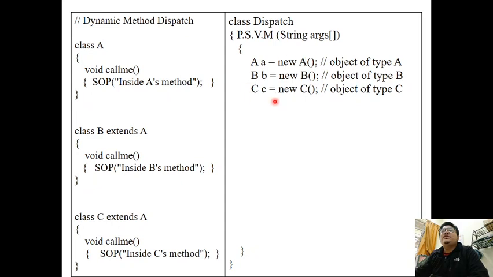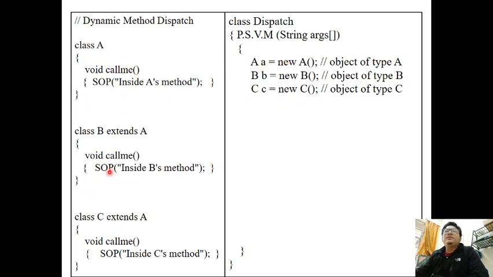I have created three objects named A, B, and C, with respect to class A, class B, and class C. A is the object of class A, B is the object of class B, C is the object of class C. Now, if you want to invoke the method of class A, you can easily invoke A.callMe.